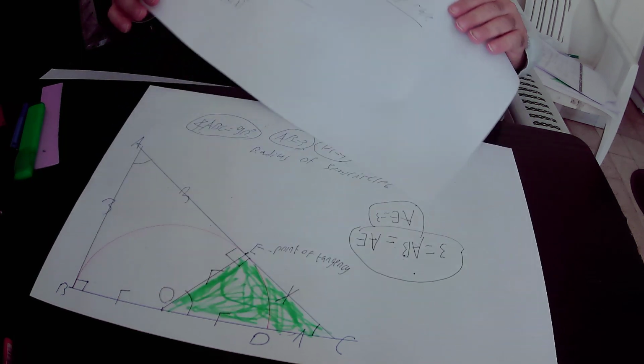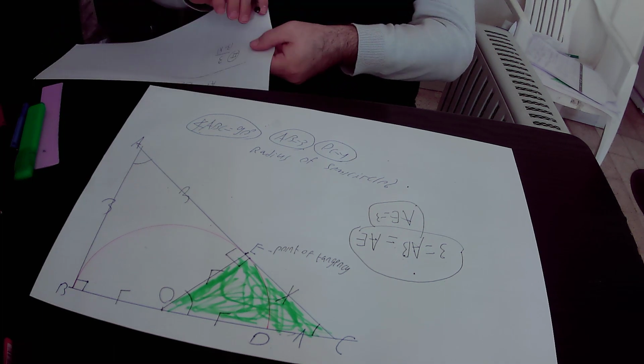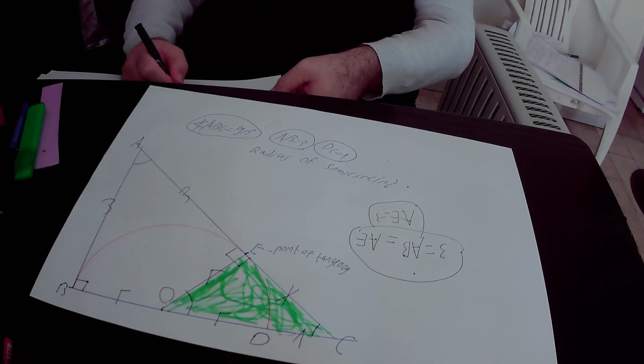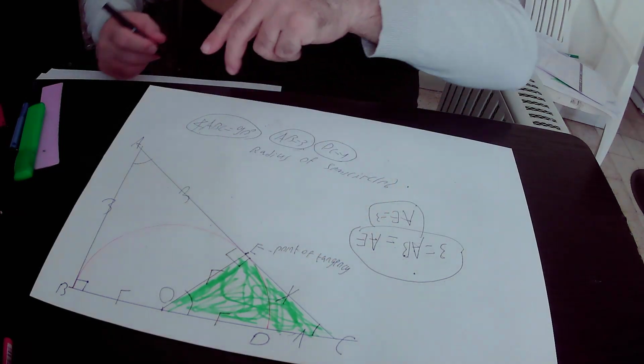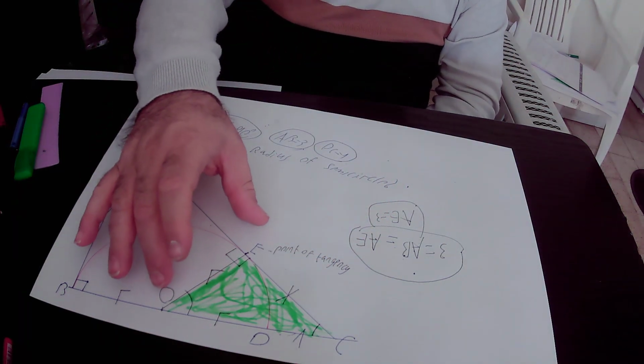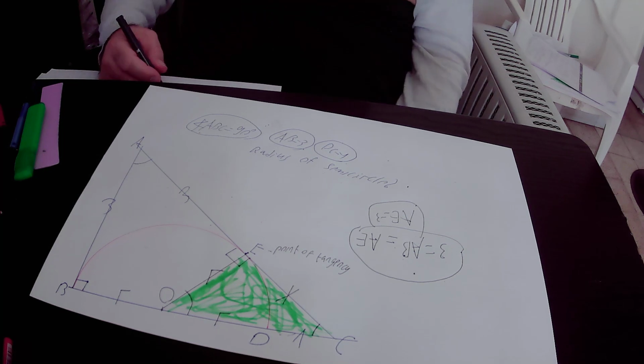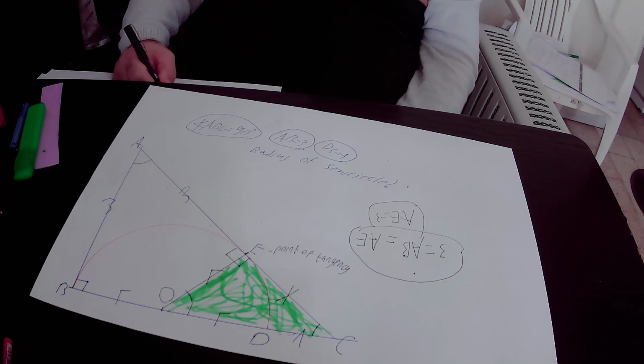And what is the value of OE? You can see from the drawing that OE equals R. It is the radius of the red semicircle.